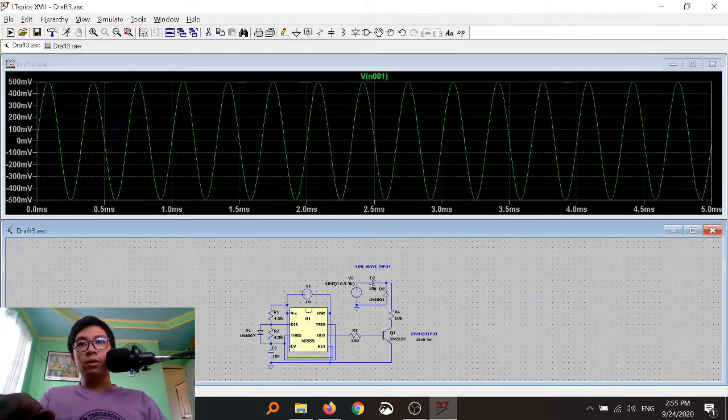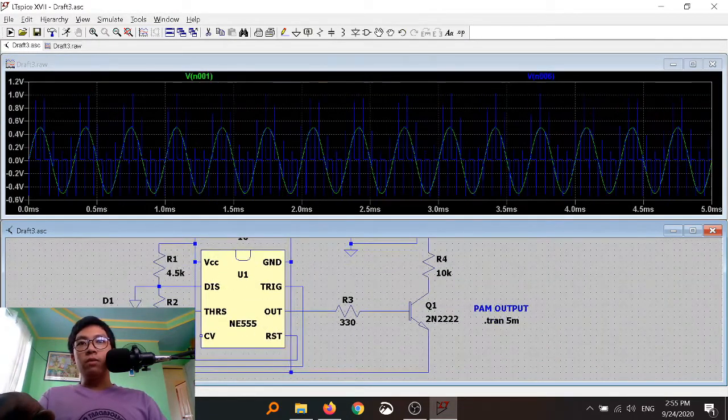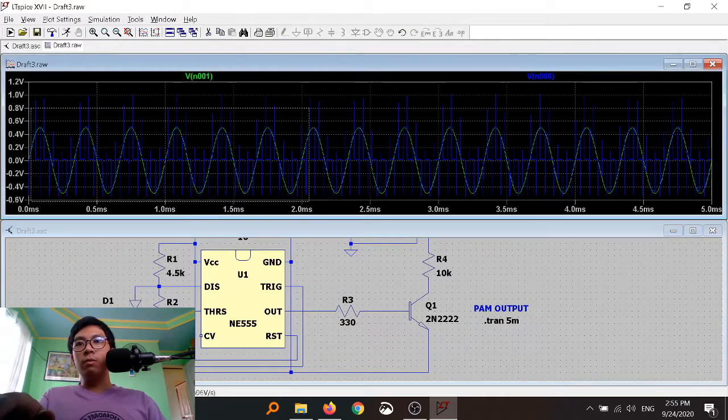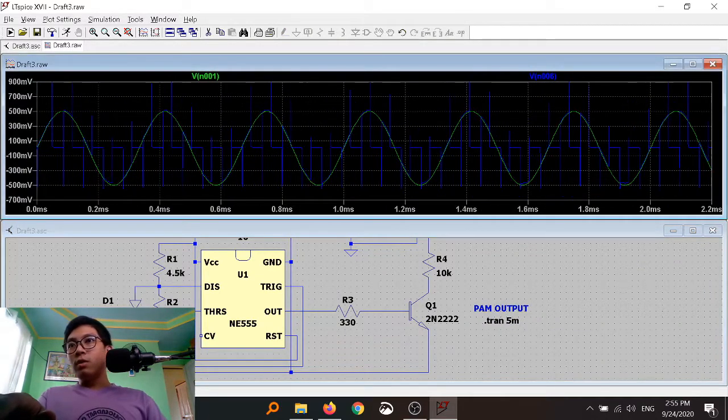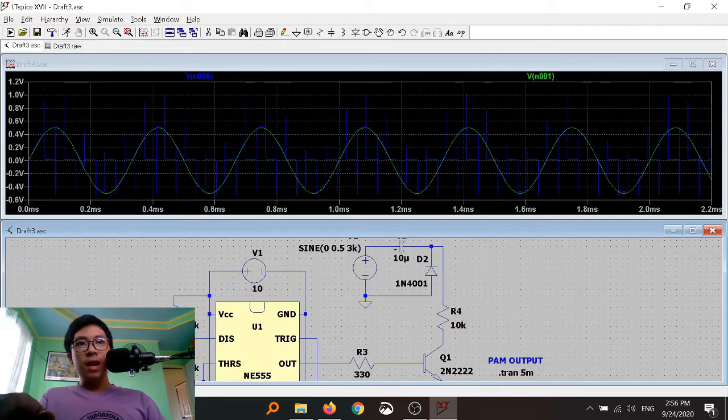We run that. So here we have our sine wave, and here we have the amplitude modulated wave. And when we delete that trace, you can see that it is almost regular in pattern, but when we get the analog wave back, it is the same trace.